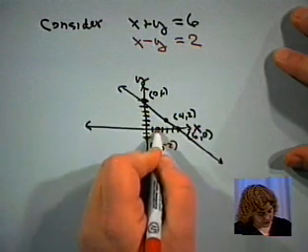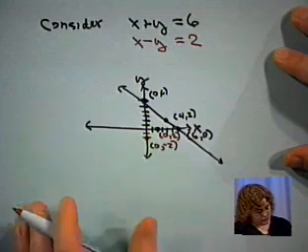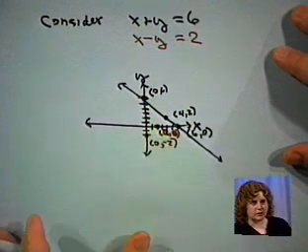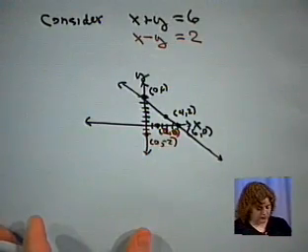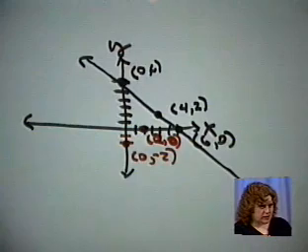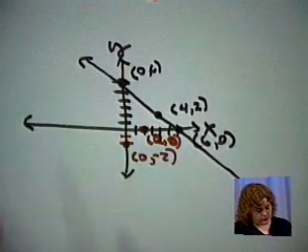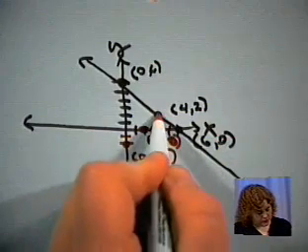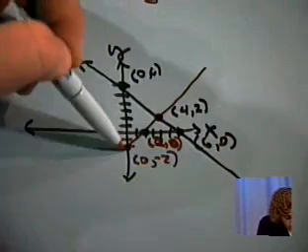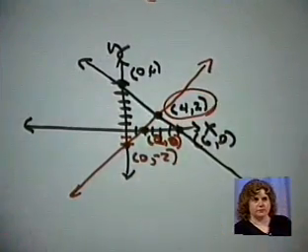So I've got this point here, 2, 0. Got to watch getting those x's and y's flipped. Let me zoom in a little bit. And if I were to put in a 4 for x, I would also come up with a 2 for y. And I'll draw a line here. You'll notice that both of these lines share the point 4, 2.